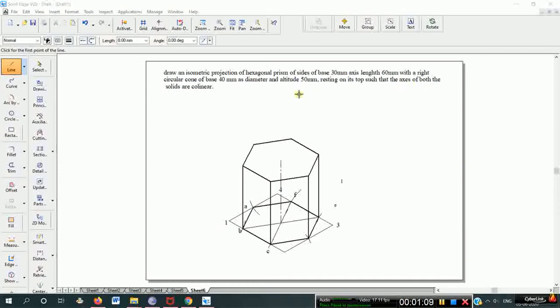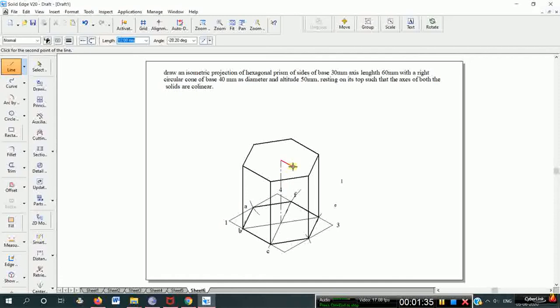So the cone base diameter is given as 40 mm. So construct that. 40 mm base diameter means construct from here the top center.